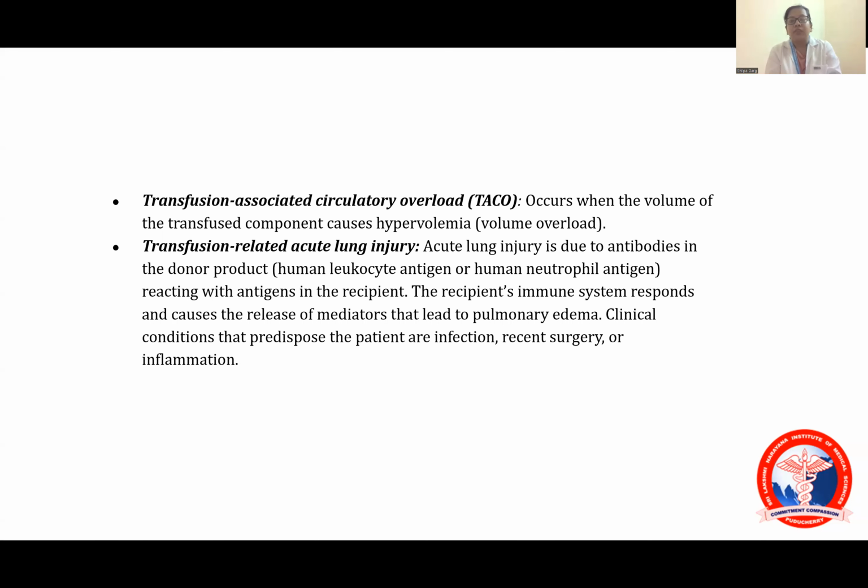They react with antigens in the recipient. The recipient's immune system thus responds and causes release of mediators, which can lead to lung injury and pulmonary edema. Clinical conditions that predispose the patient to the development of TRALI and severe lung injury are infection, some recent surgery, or already present inflammation.